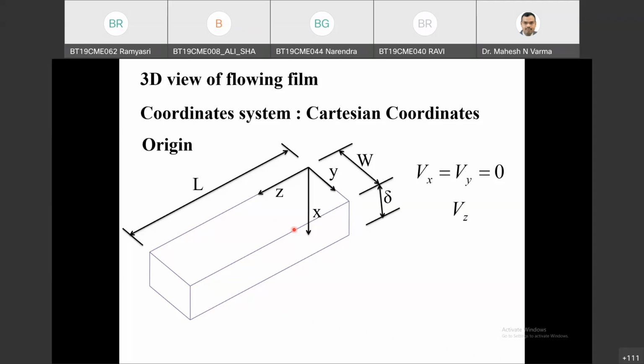Sir, let us say we are considering the upper layer. No, upper layer was in the x direction. Upper layer means y and z. I am talking about this layer now. At different values of x and y, z will vary from 0 to w and x will vary from 0 to delta.